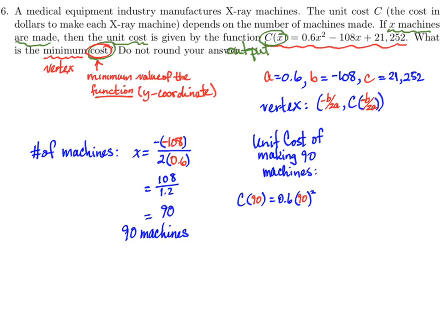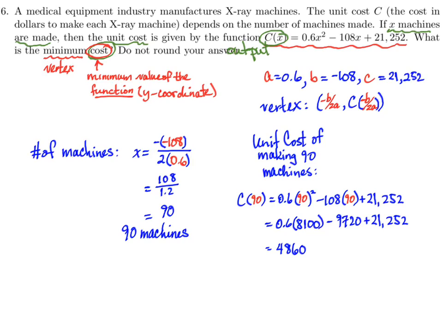C of 90 is 0.6 times 90 squared minus 108 times 90 plus 21,252. So this is 0.6 times 8,100 minus 9,720 plus 21,252.